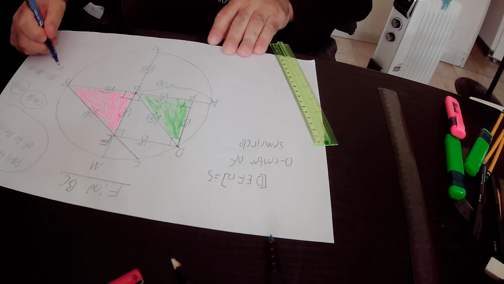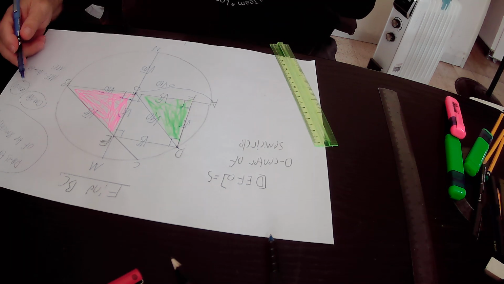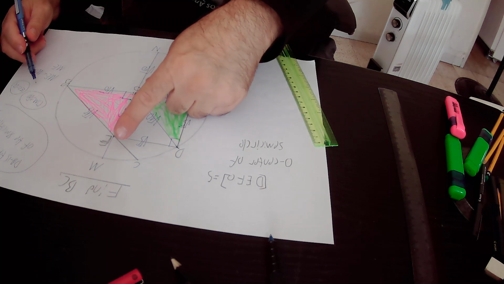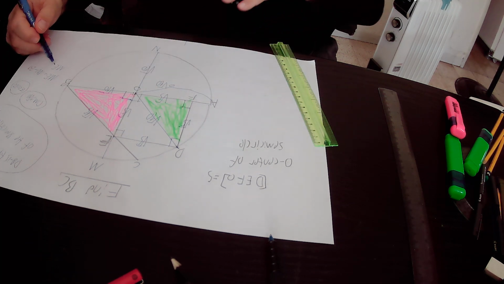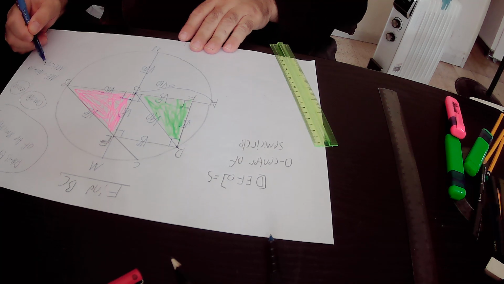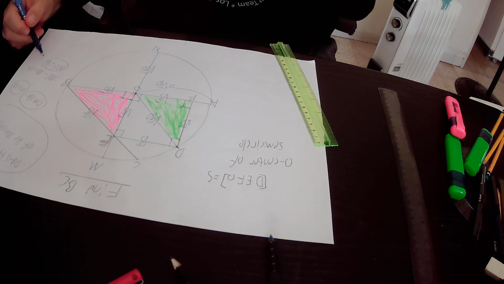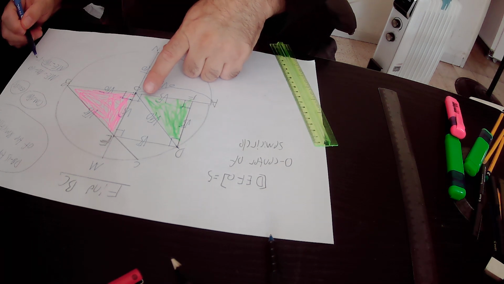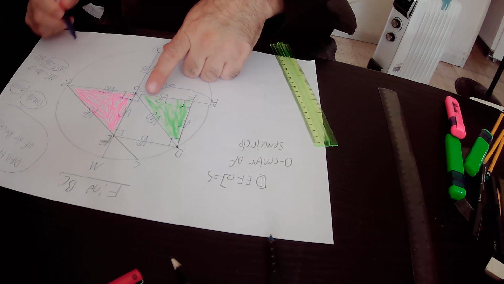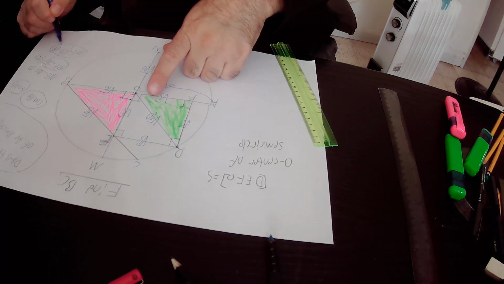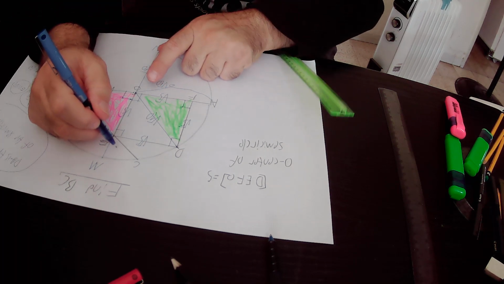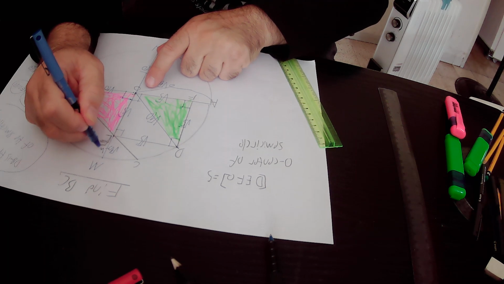So ME equals MO minus EO. We know that MO equals the square root of 10 units, the radius of the circle and the semicircle, and EO equals the square root of 5 units. So in conclusion, ME equals the square root of 10 units minus the square root of 5 units.